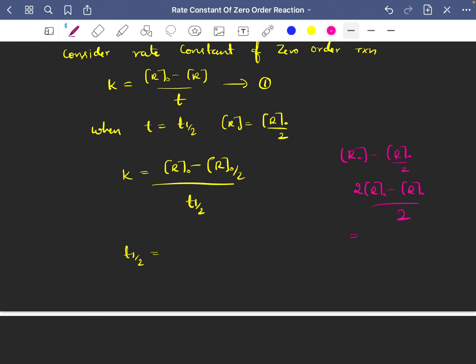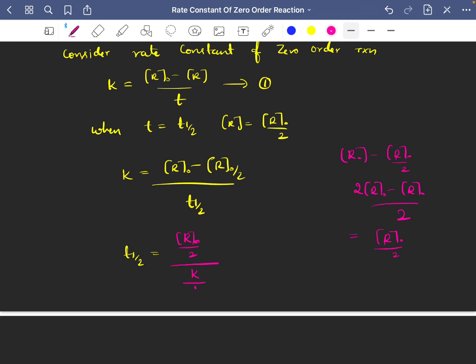So we get R naught by 2. So this value, R naught minus R naught by 2, will be equal to R naught by 2. Substitute here R naught by 2, by K.